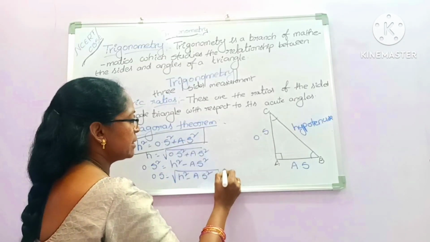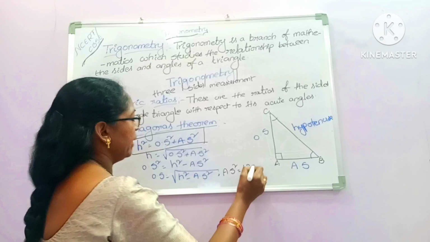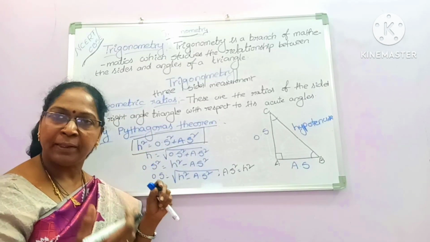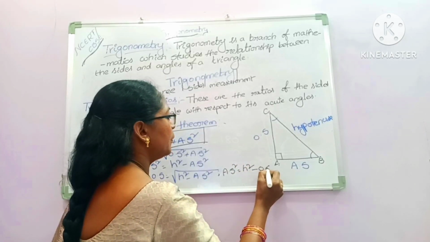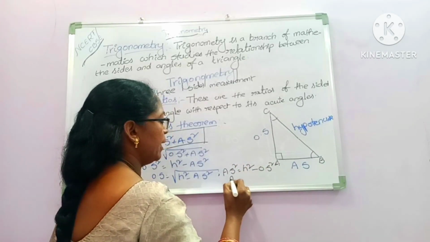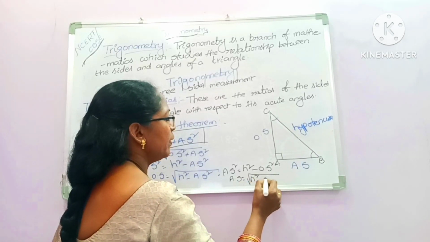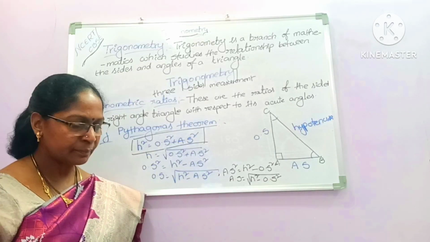Adjacent side square equals, again the opposite side goes to the other side and becomes minus, hypotenuse square minus opposite side square. Then adjacent side equals the square root of hypotenuse square minus opposite side square.